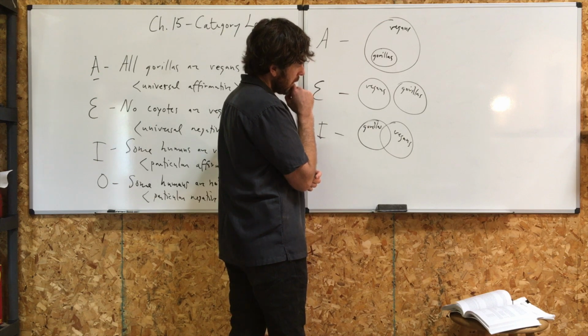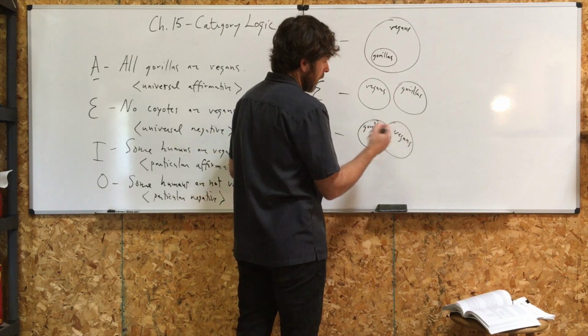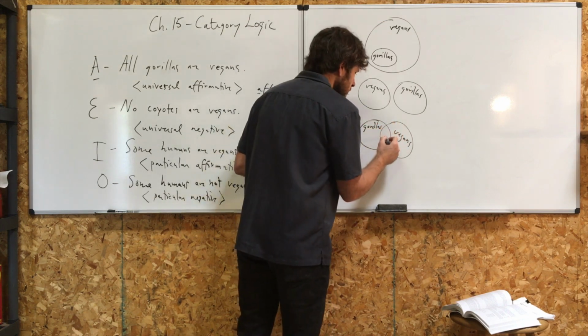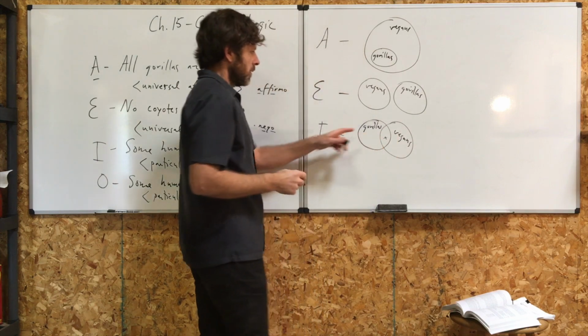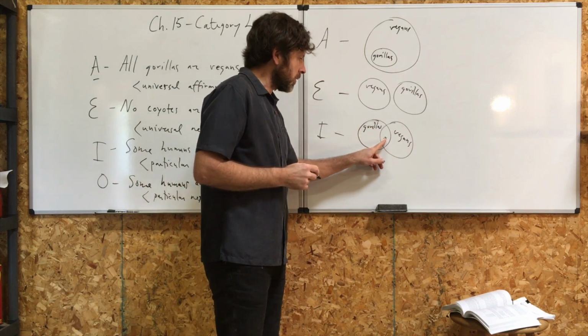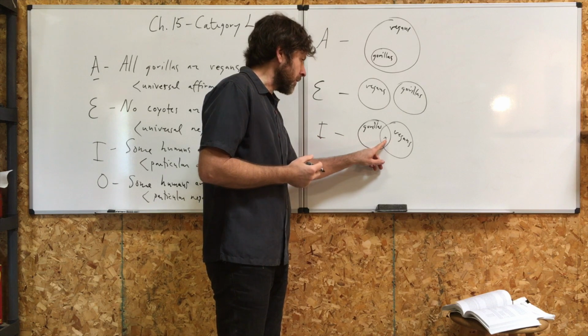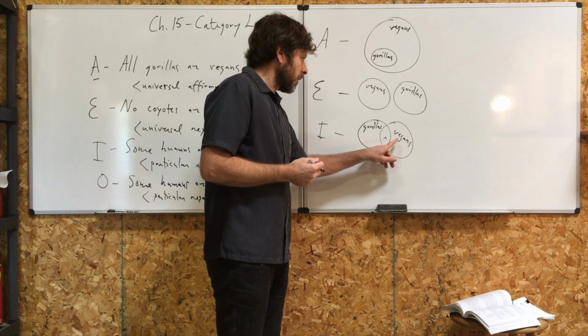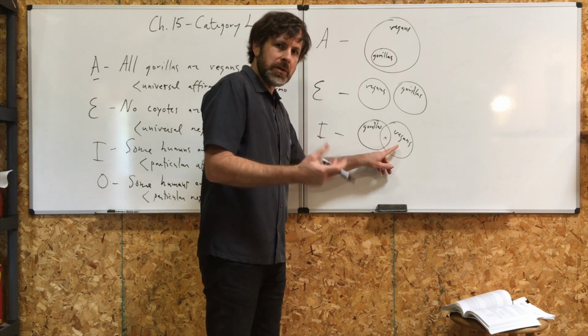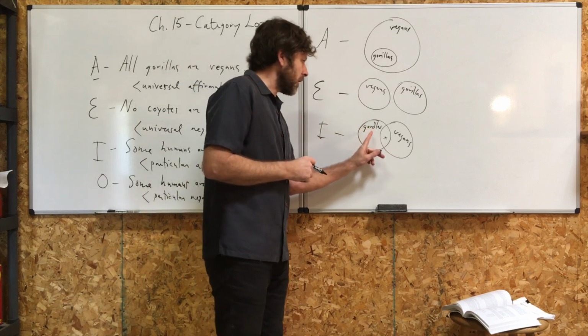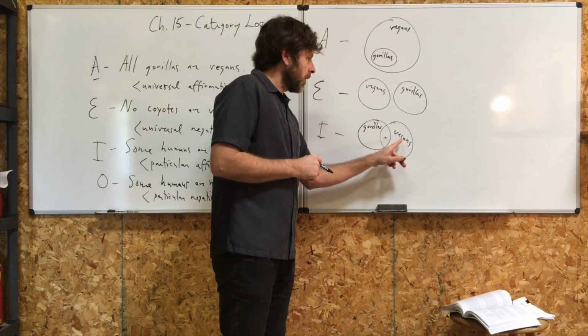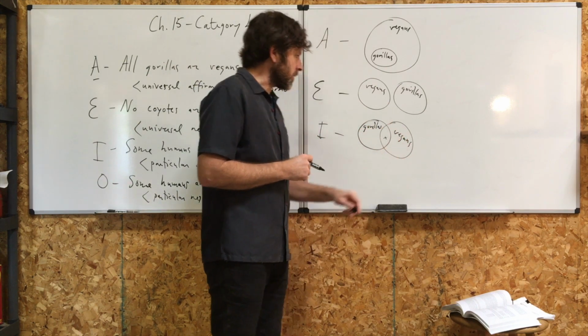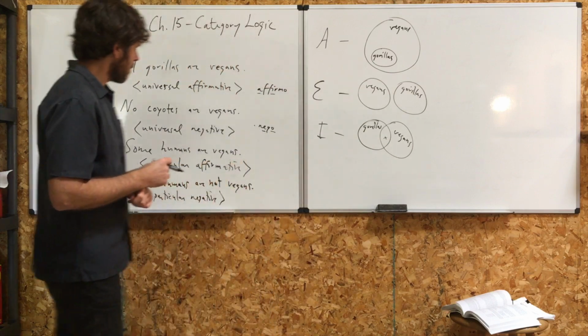So you could represent that one thing with, say, an X. There's at least one gorilla we represent by this X right here. You're not saying which gorilla it is. You're not saying, oh, it's Joe the gorilla. You're just saying there's at least one gorilla that is also a member of the set of vegans. So you can represent it that way.